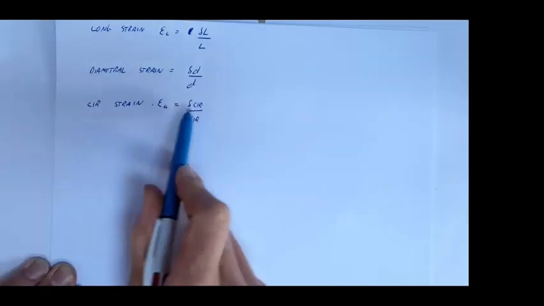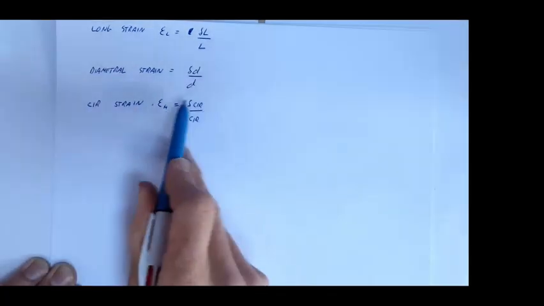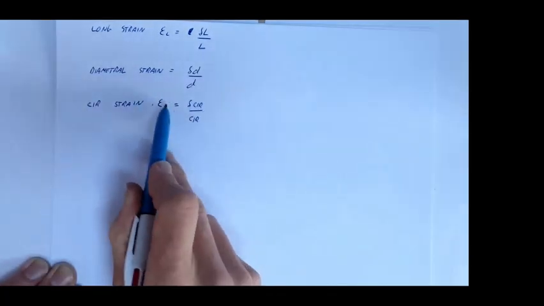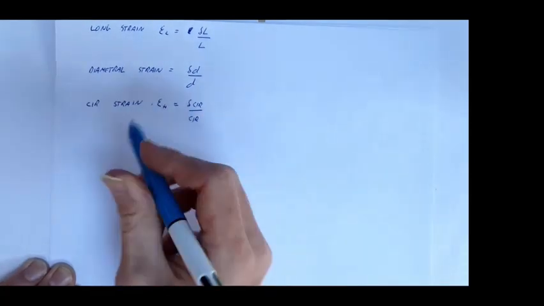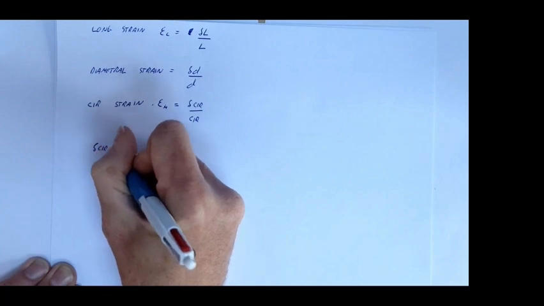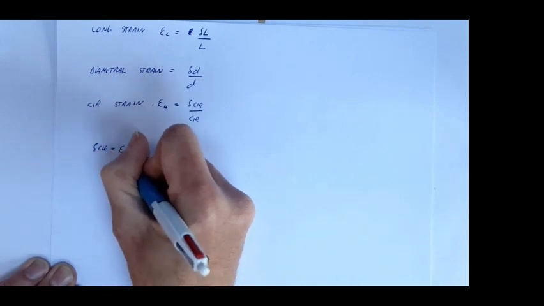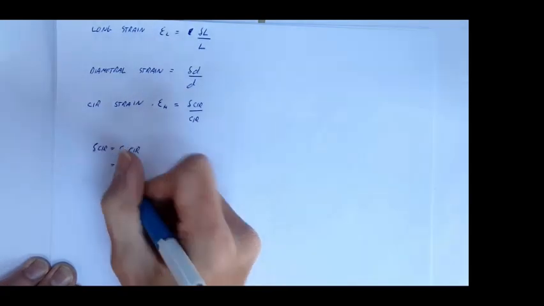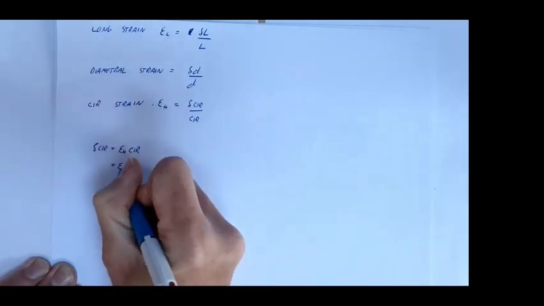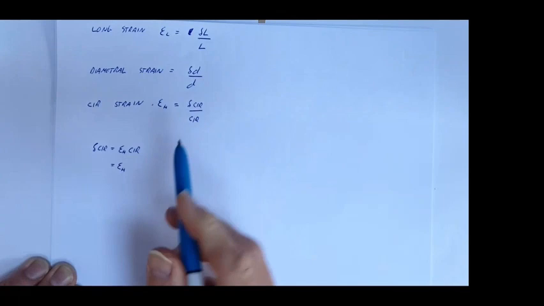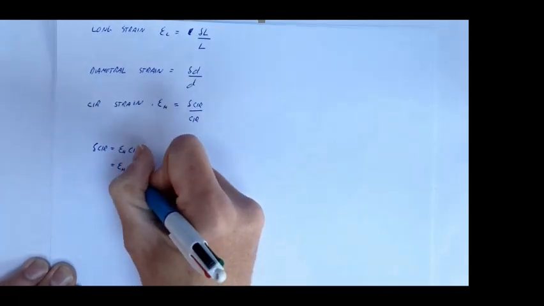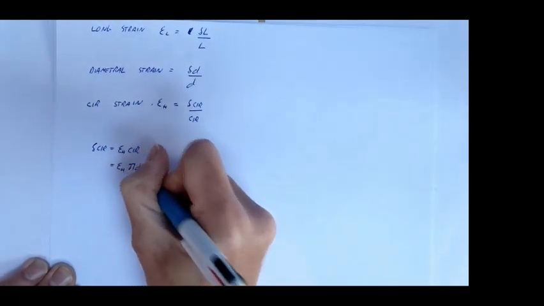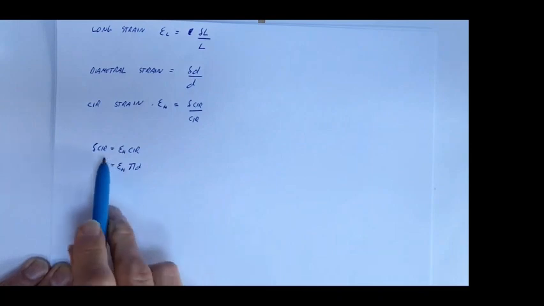If we multiply through by circumference, we're going to end up calculating our change in circumference. So our change in circumference equals our hoop strain times our original circumference. Now the original circumference of a circle is pi d. Okay, so that's the change in circumference.